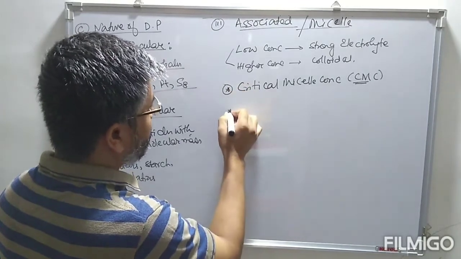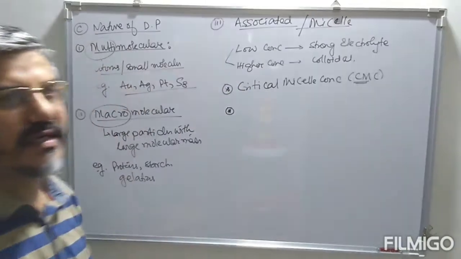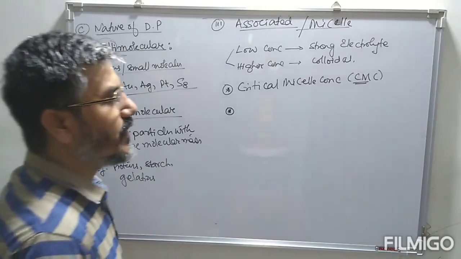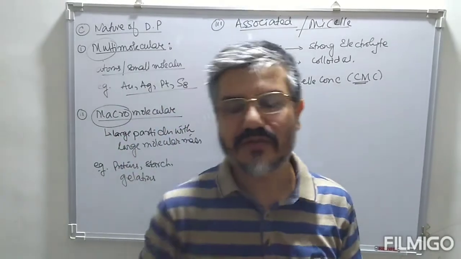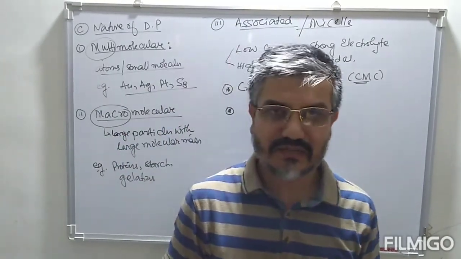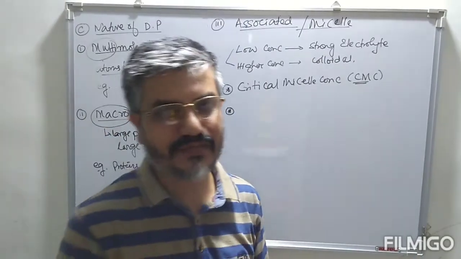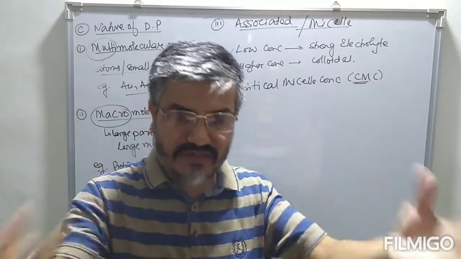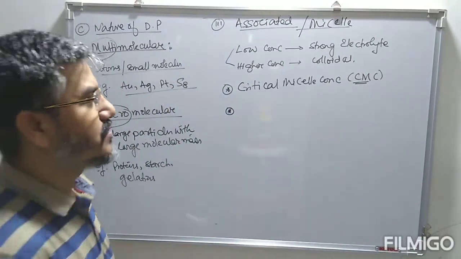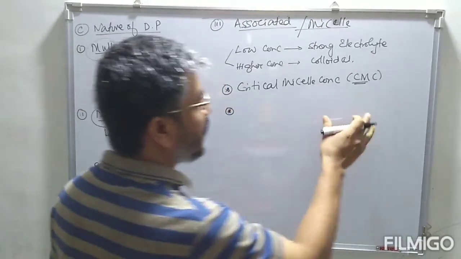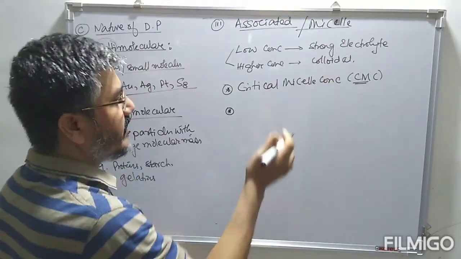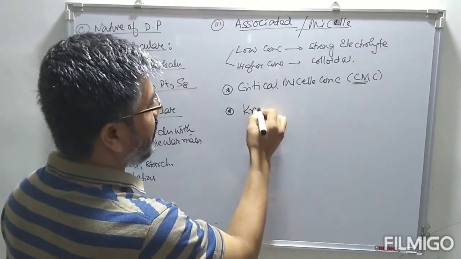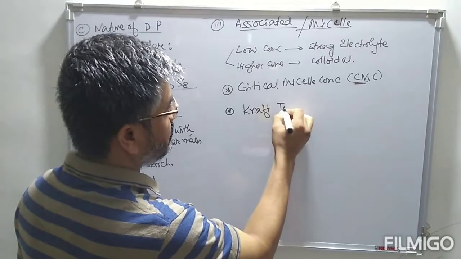Now, for this micelle formation, again some temperature condition is required. There is a certain minimum temperature below which this micelle formation does not take place, or this micelle formation takes place only above some minimum temperature. That minimum temperature above which this micelle formation takes place is known as Kraft temperature.